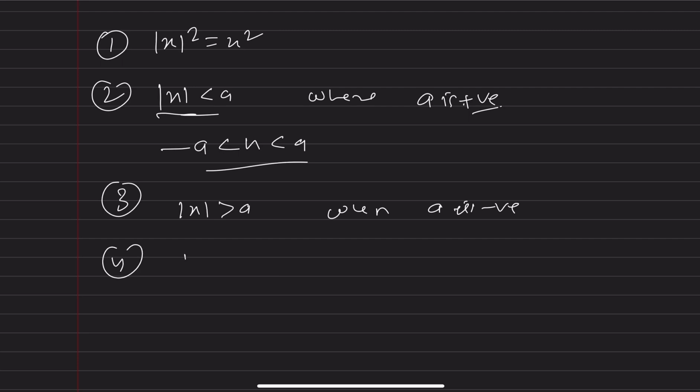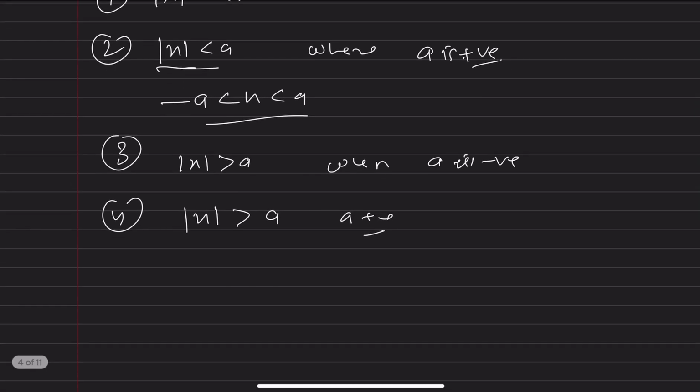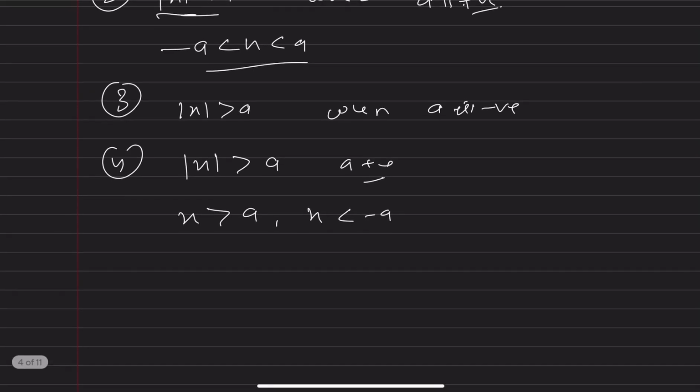Now the fourth one, mod of x is greater than a when a is positive. Okay, so in this case we have x greater than a and x less than minus a. We will define it now. In the fifth one, mod of x is less than a when a is negative. So you can see that mod of x can be negative, can be less than negative, no.